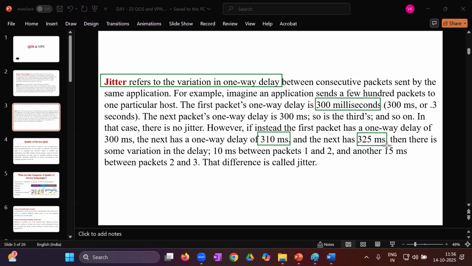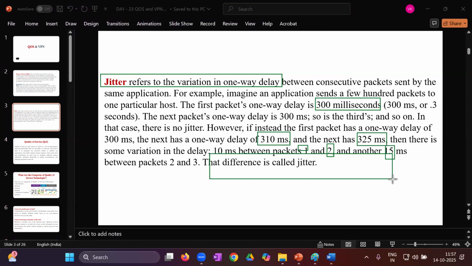So the extra delay, that normal was 300, then it increased to 310, then to 325. So it is called jitter. It refers to the variations in the delay.